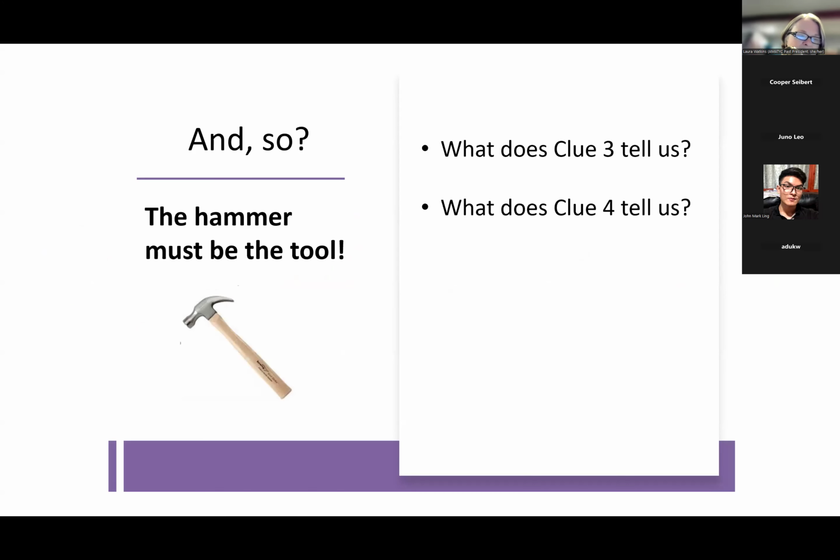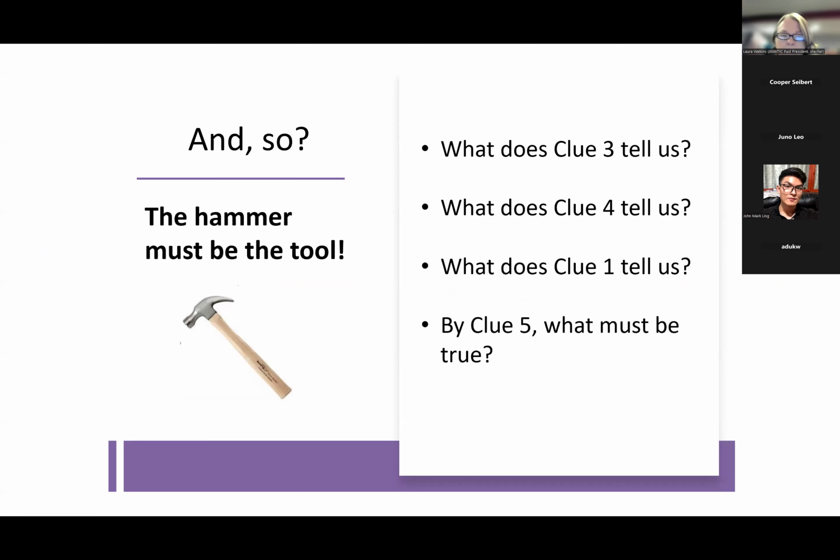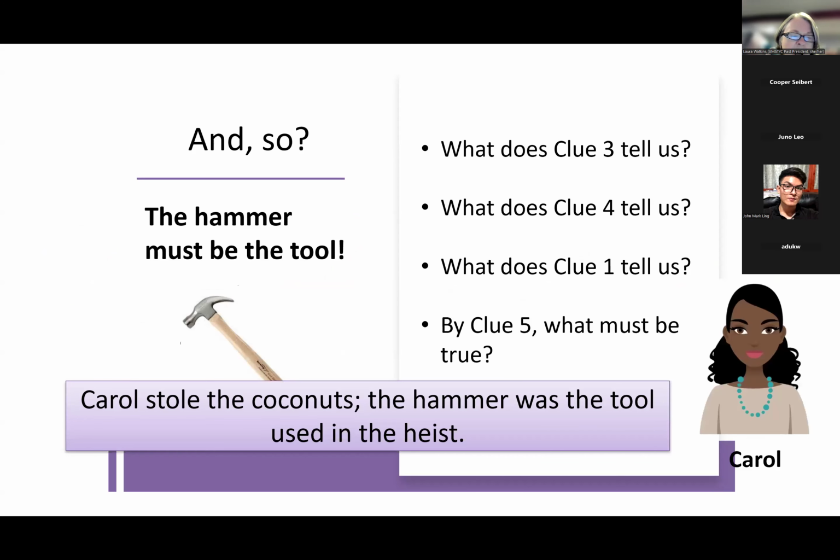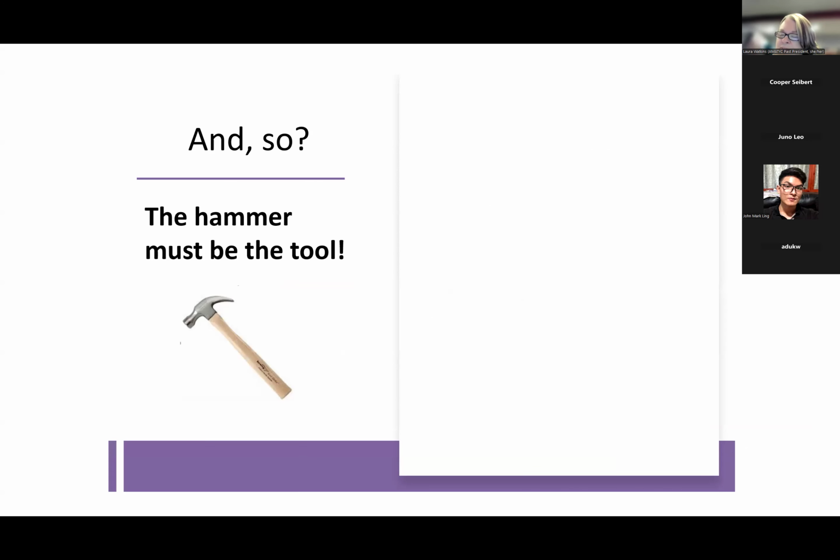Correct. And we know it's not Dave because of clue number 3. So we've eliminated Bob, Dave, and Alice. So then Carol has to have stolen the coconuts. Okay, so just process of elimination. Yeah, at that point, it's process of elimination.